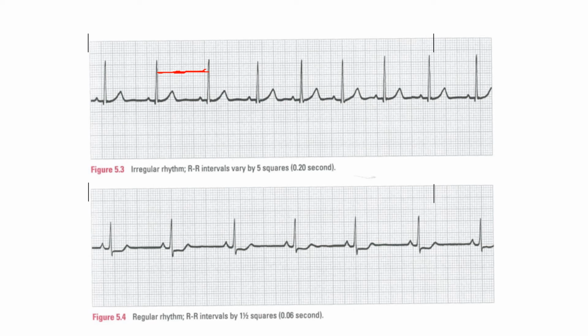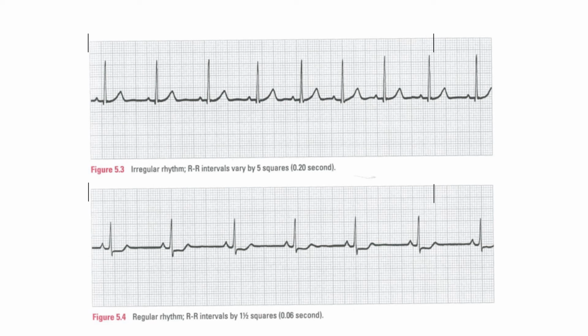So that would give me a heart rate of 68. Whereas if I measure between these R to R's, there's only 5, 10, 15, maybe 18, and that would give me a heart rate of 83. That is why you wouldn't use the small box conversion table when you have an irregular rhythm, because it depends on which R to R you measure.